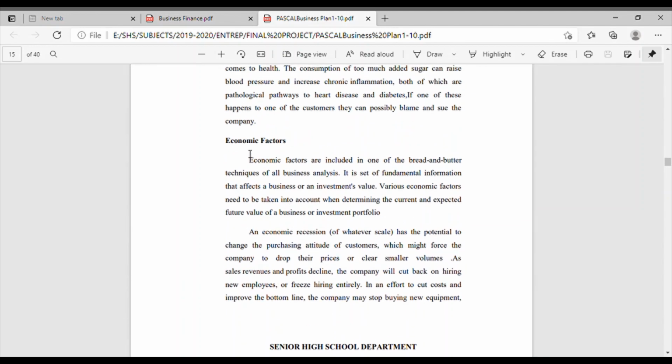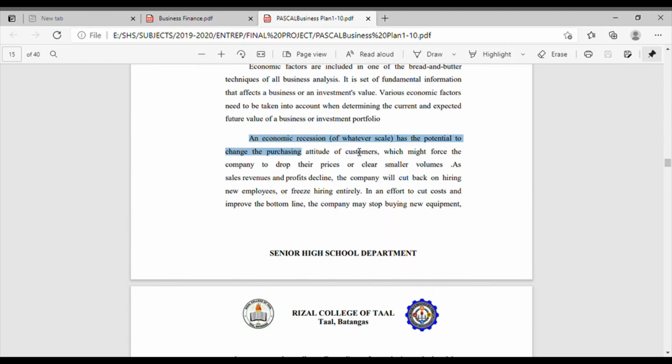So, next is economic factors. Again, this is just an introduction. Next is an economic recession of whatever scale has the potential to change the purchasing attitude of the customers. Ibig sabihin, the economic situation of the place or the country can affect the purchasing power of an individual.